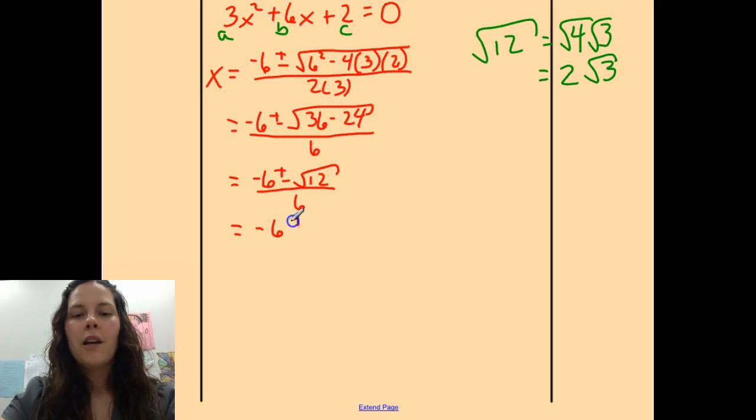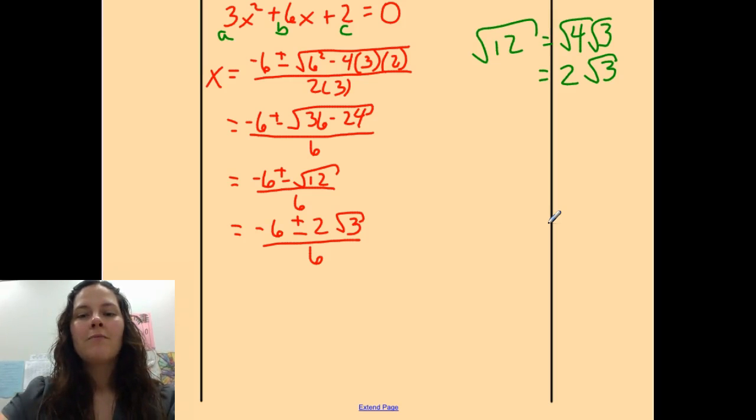So I'm going to substitute that back into my quadratic formula. And I can butterfly this one, but it just simplifies. So what I'm going to do is, instead of dividing by 6, I'm going to divide everything by 2 to simplify. Another way to think about that is looking at our numerator. 6 and 2 both have a common factor of 2.